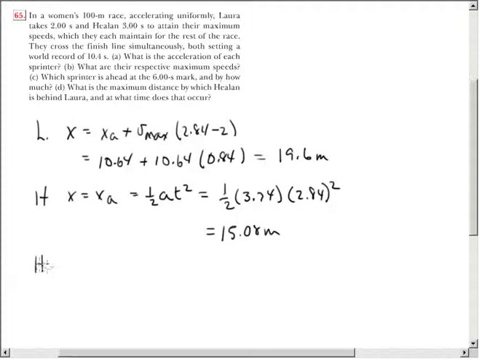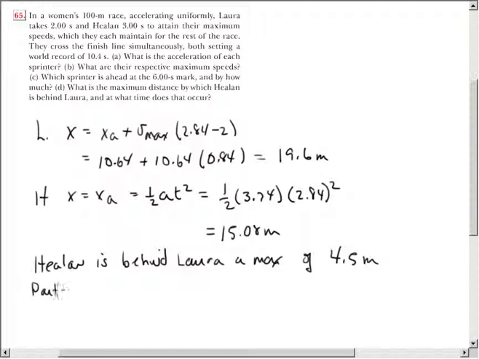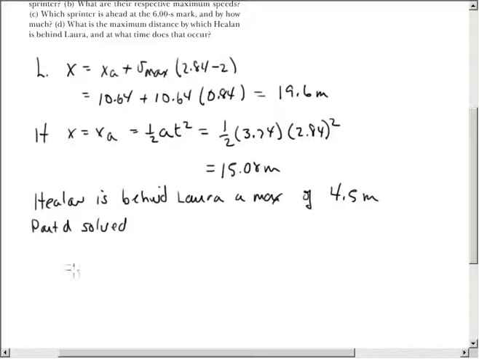Helene is behind Laura a max of 4.5 meters. Part D solved. End of problem.